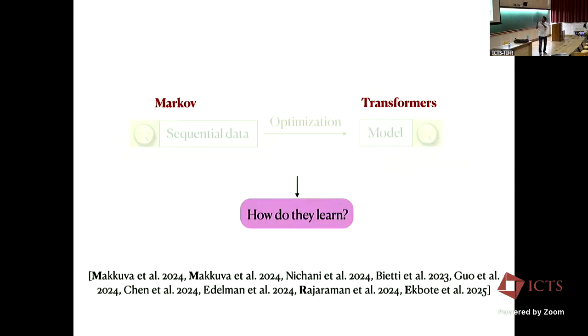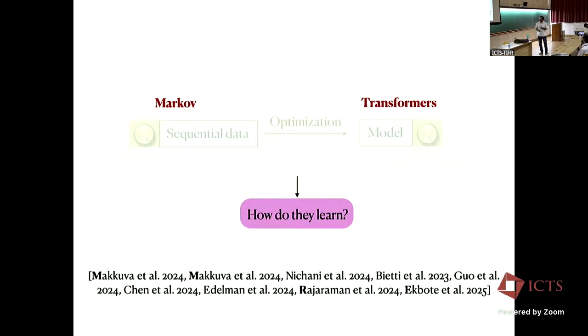Among the existing literature, Markov is the one that has received significant attention, and there have been a lot of interesting works, with some of my works included as well. So we will spend a decent amount of time, the next 30-40 minutes, on the Markov part, going in detail about how learning dynamics happen in this regime.